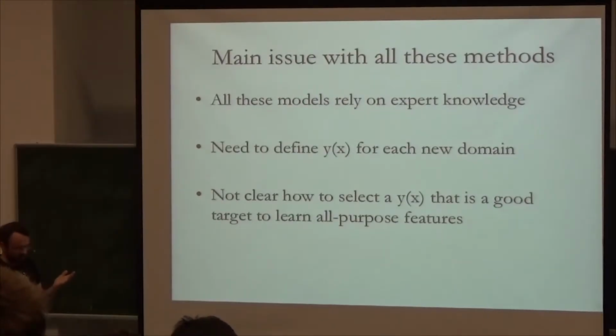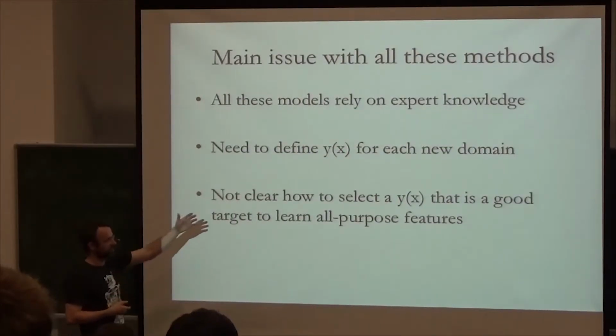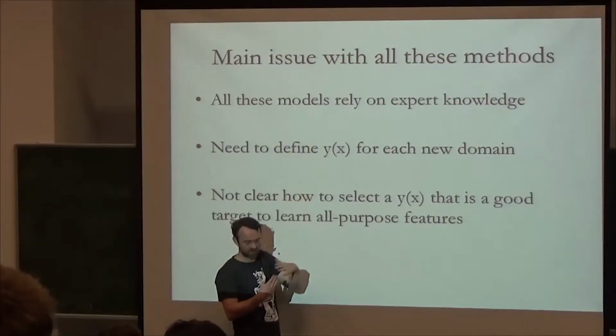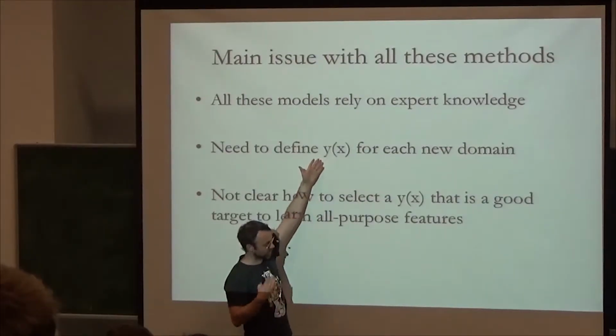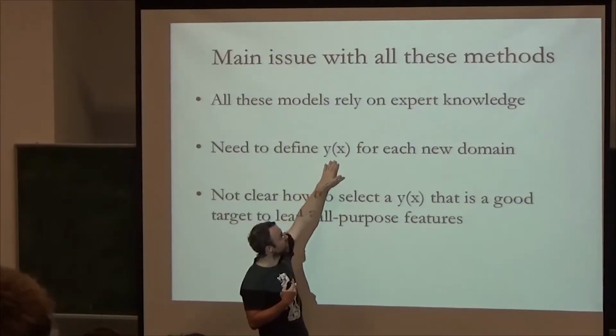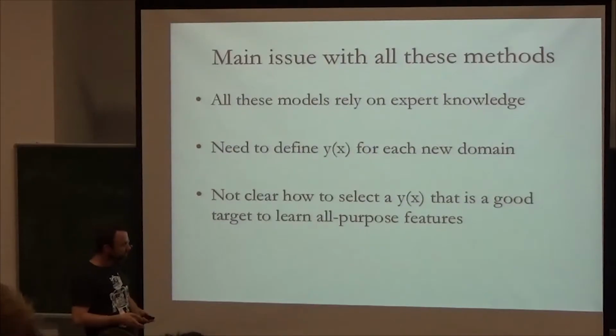You want a method that doesn't rely upon a smart insight about the domain that lets you select the particular thing you want to predict. This is what I was alluding to earlier, where Y extracts from you the target signal that you present as a target for your DNet from the input signal.